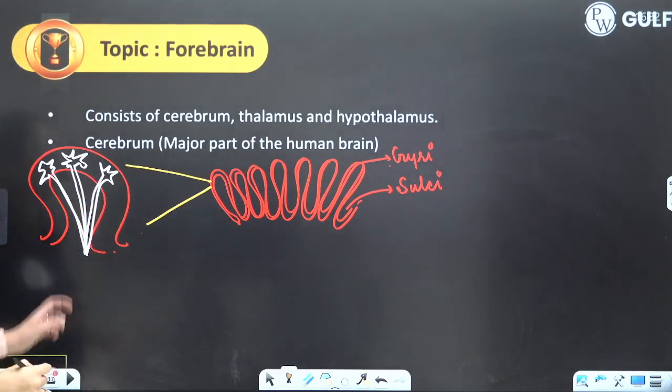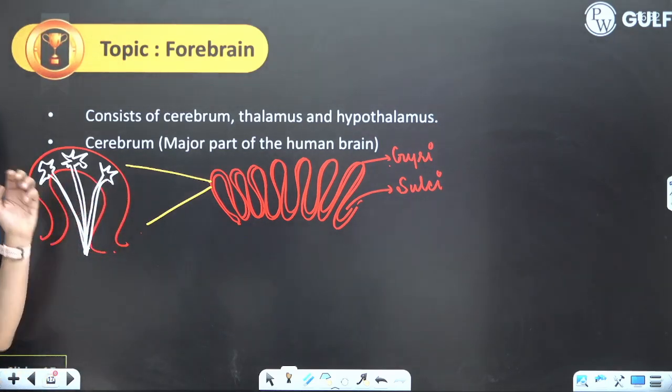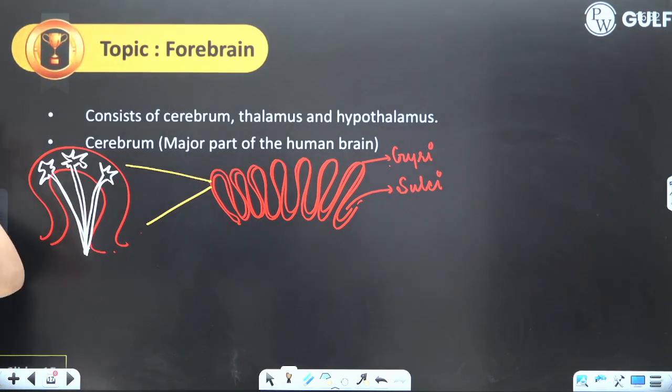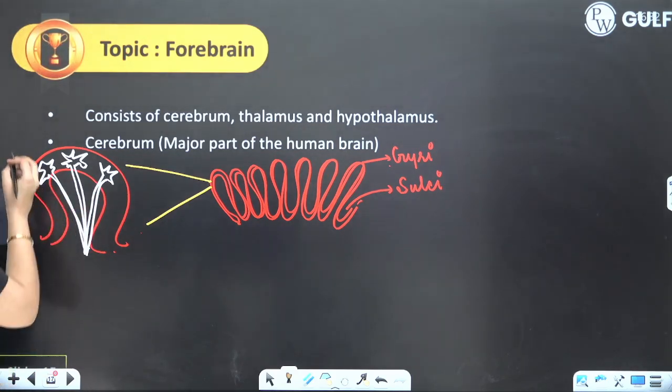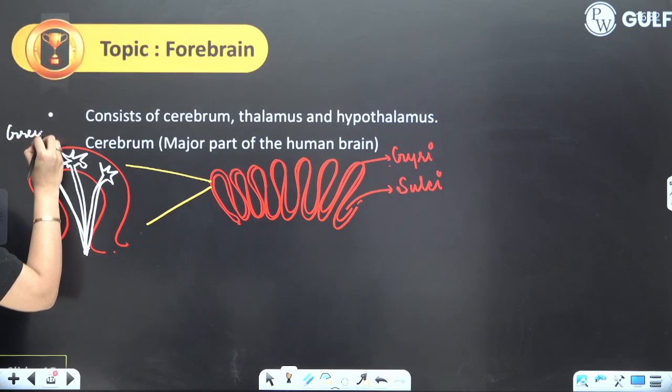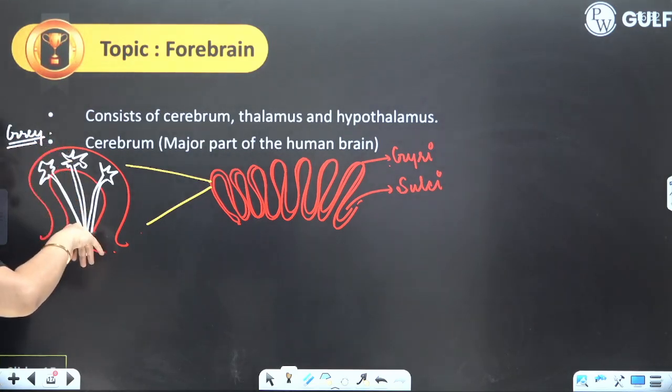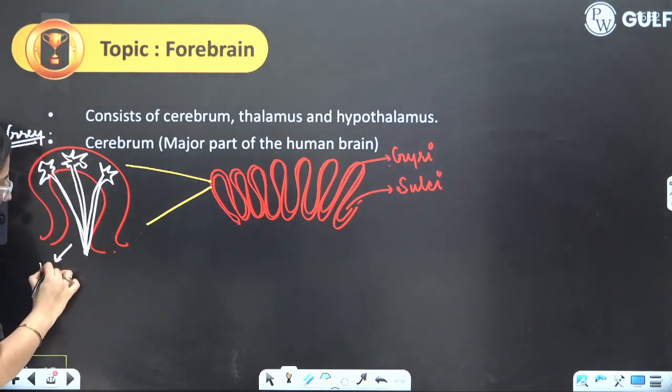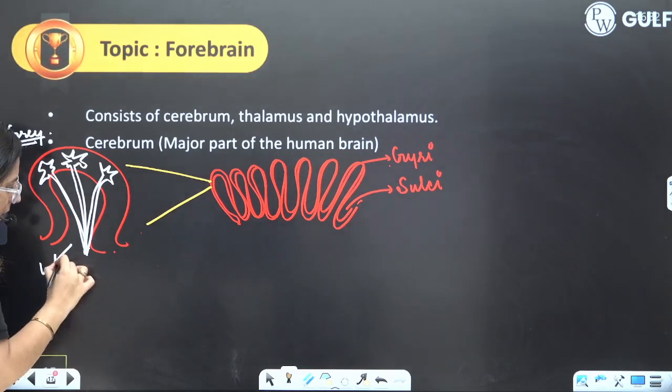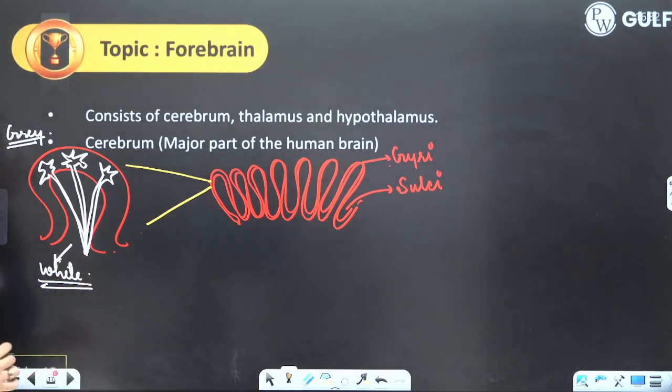Right, this is how they are present. Because of the presence of cell bodies, they appear grey in color. So the cortex area is grey in color, whereas the medulla part is white in color because the myelin sheath is present. Right, white myelin sheath is present.